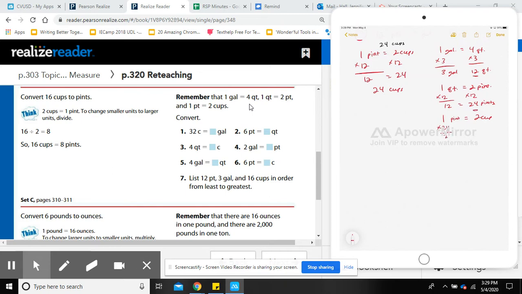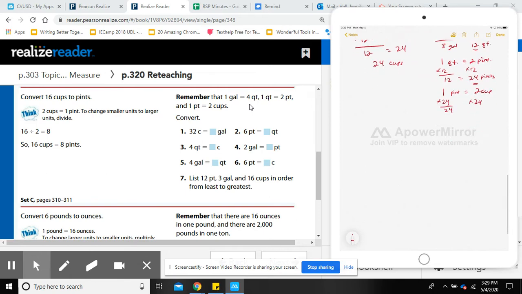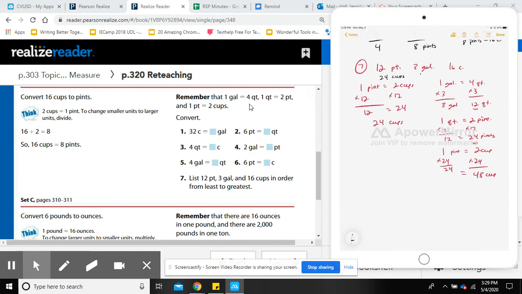So times 24, times 24. And we get to 48 cups, right? So 48 cups is what we're going to write up here.